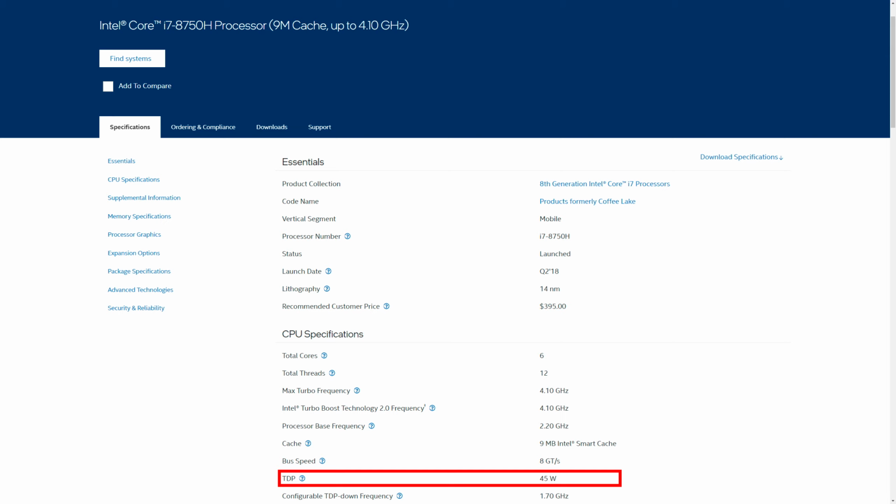In microelectronics, it's generally accepted that the amount of energy consumed is equal to the amount of heat produced. So, if the CPU consumes 45 watts of power, your thermal solution should dissipate 45 watts of heat. Processor base frequency usually represents a maximum CPU frequency granted by Intel in multi-core mode and full CPU load, without exceeding the base TDP.